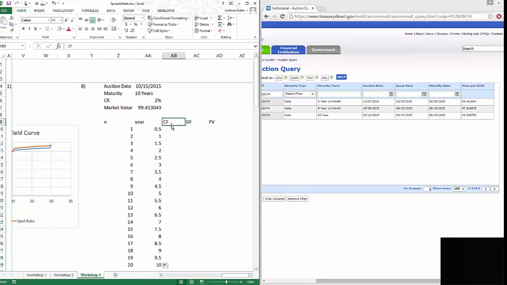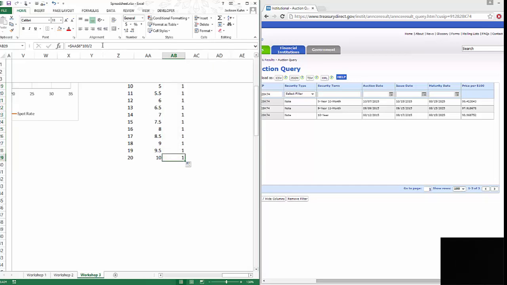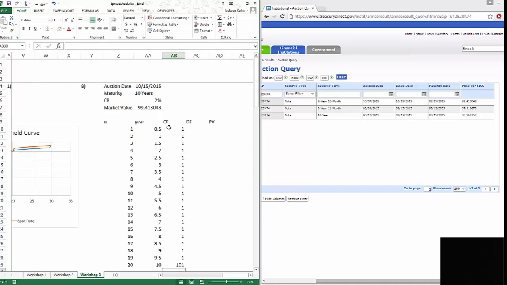Our cash flow is going to be equal to our coupon rate, lock that, times 100 divided by 2. And then in the last period, we're going to get our principal payment back of $100. So our last cash flow will actually be 101.